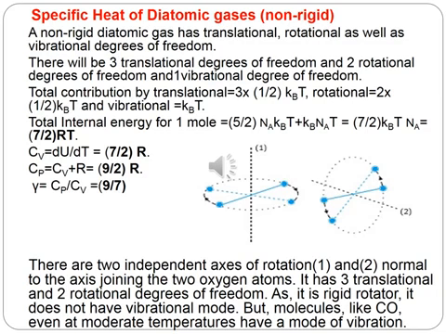Now calculate molar specific heat capacity at constant volume. Cv is equal to dU by dT is equal to 7 by 2 R.